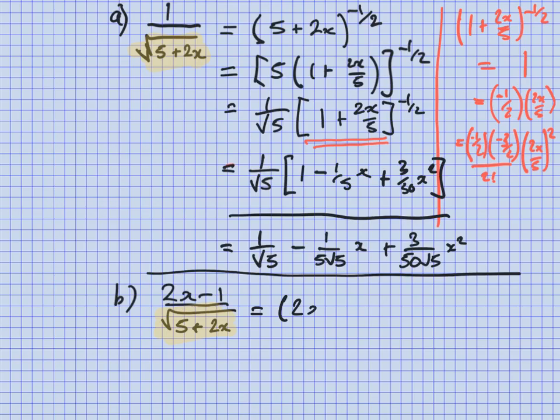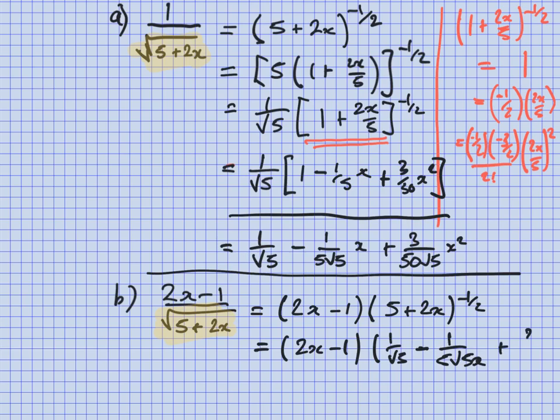So we want to write 2x minus 1 times 5 plus 2x to the minus a half, which would be approximately the same as 2x minus 1 times 1 over root 5 minus 1 over 5 root 5 x plus 3 over 50 root 5 x squared.